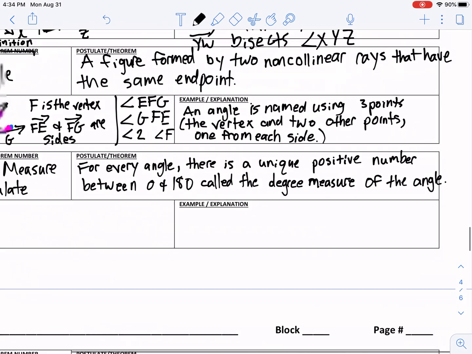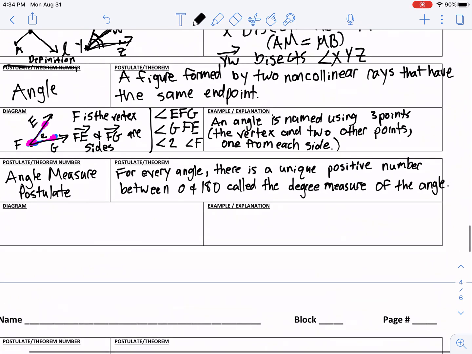Okay, so the angle measure postulate says for every angle there's a unique positive number, a positive value, representing the basic units that angles are measured in, from 0 to 180, and the basic unit in which we measure an angle is called a degree, okay?